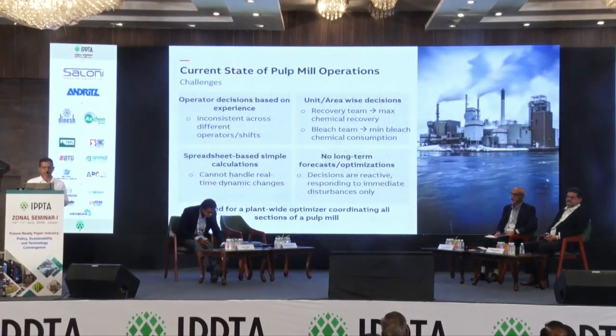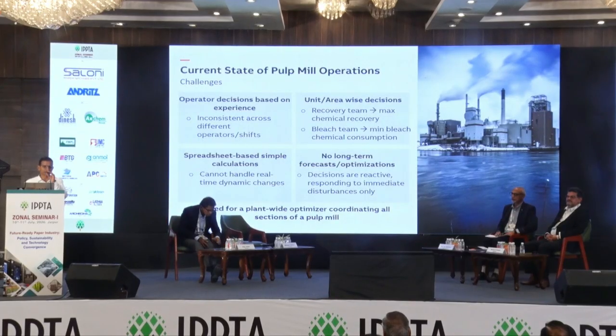Coming to the current state of pulp mill operations, in the context of production planning, most of them are manually coordinated, mainly dependent on operators' experience, and the decisions are taken area-wise.